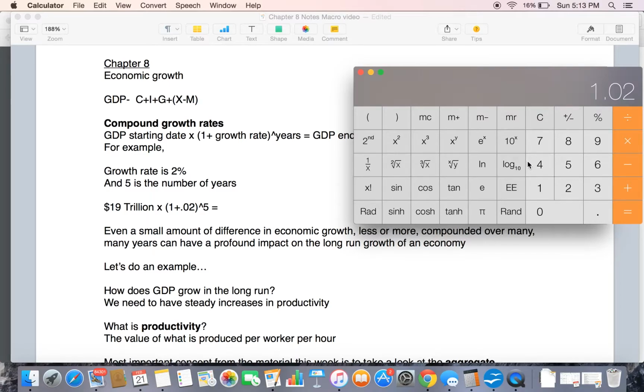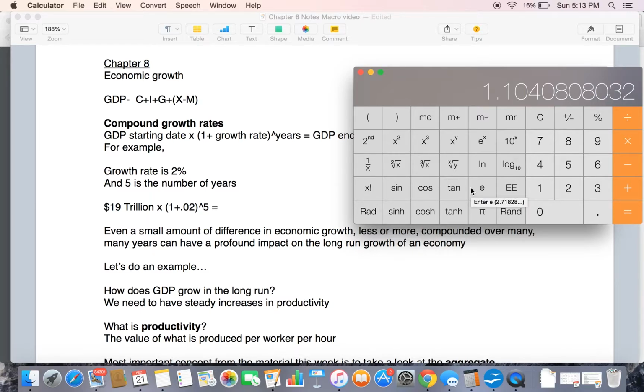And we take this to the 5th power. So 1.02 times 1.02 times 1.02 times 1.02 times 1.02. So let's see how to do that on this calculator. I'm not very sure of it. I'm more sure of it in Excel. Where is it here? Okay, so we'll have 1.1.